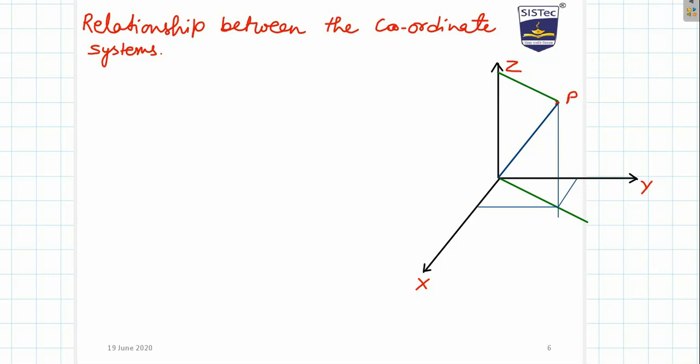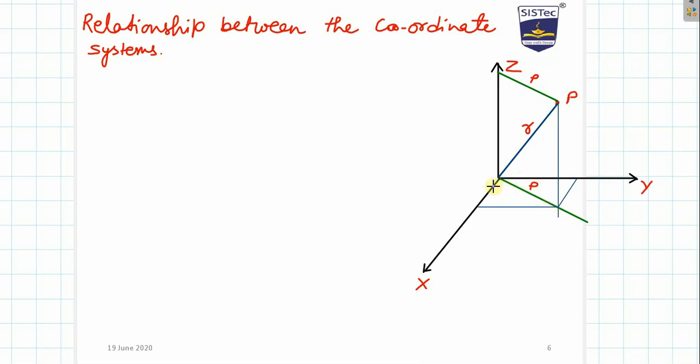See, what is this? This is your r vector. Now this one is your rho vector, and this is also a rho vector.